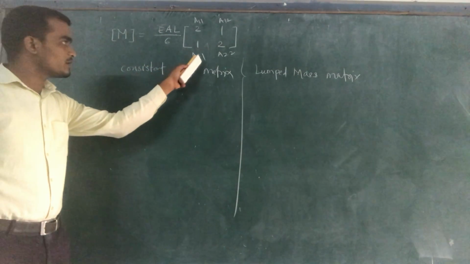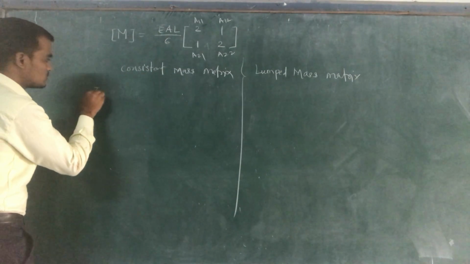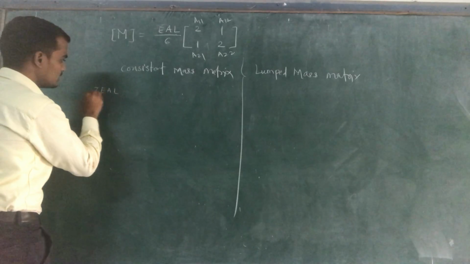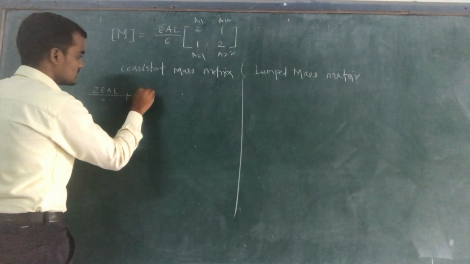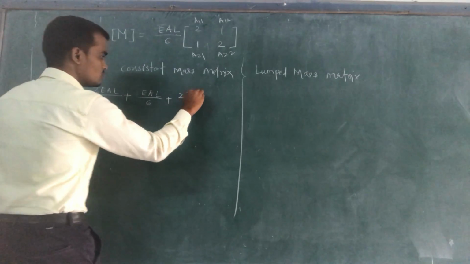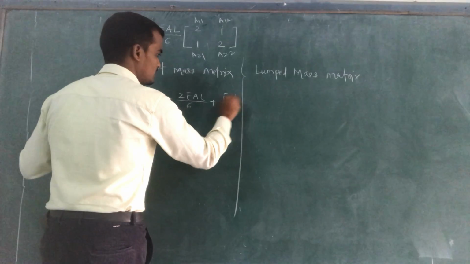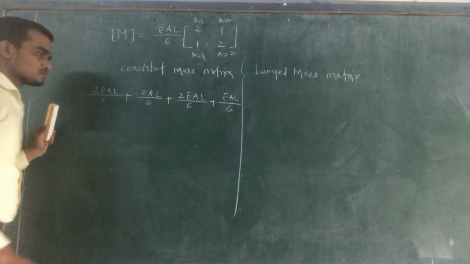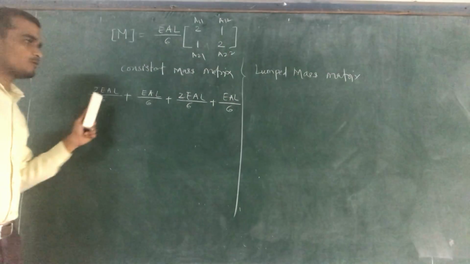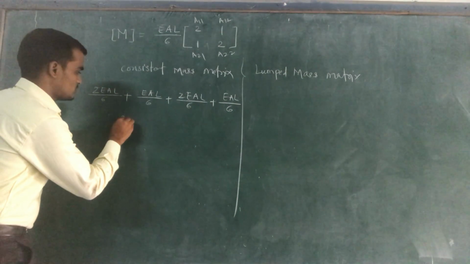If we add these four elements of the mass matrix, we get 2 times rho A L divided by 6 plus rho A L divided by 6 plus 2 times rho A L divided by 6 plus rho A L divided by 6.